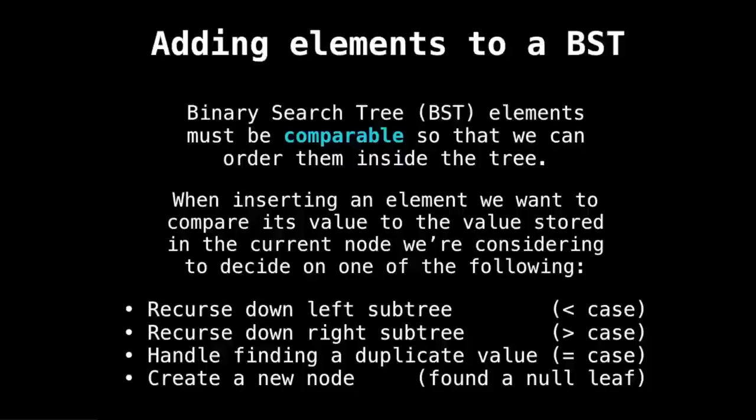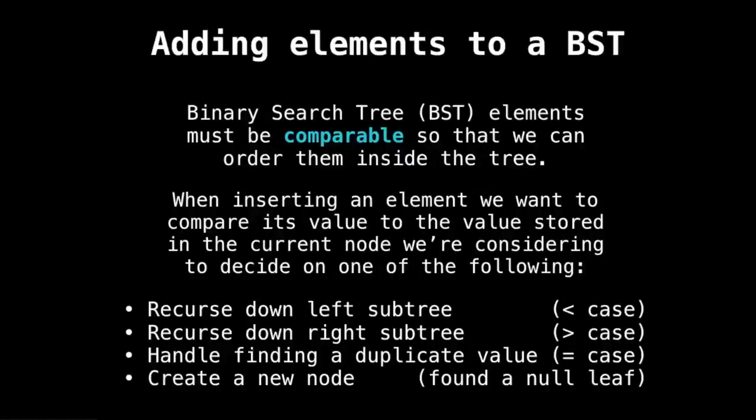So when inserting an element, we want to compare the value to the value of the current node we're considering to do one of the following things. Either we're going to recurse down the left subtree because our element is smaller than the current element, or we're going to recurse down the right subtree because our element is greater than the current element, or it might be the case that the current element has the same value as the one we're considering.